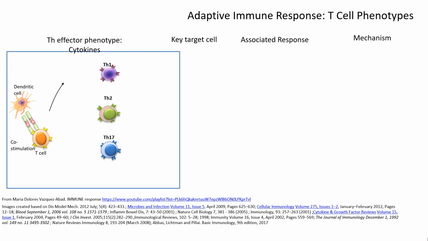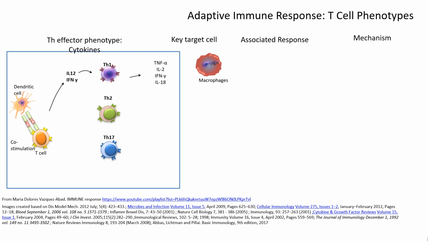With the appropriate co-stimulation, it will produce, for instance, cytokines like interleukin 12 and interferon gamma. These are the key two cytokines that will induce the differentiation into Th1 phenotype, which is characterized by a very particular set of cytokine production, which have the key target cell as the macrophages.